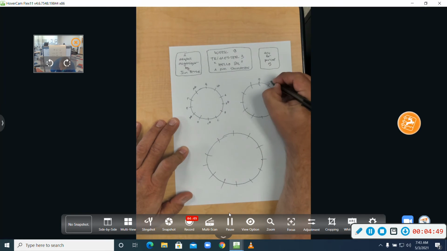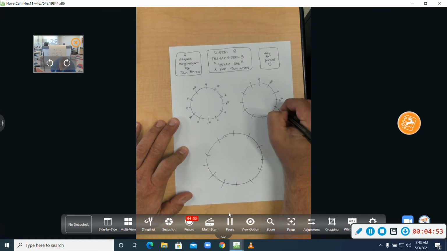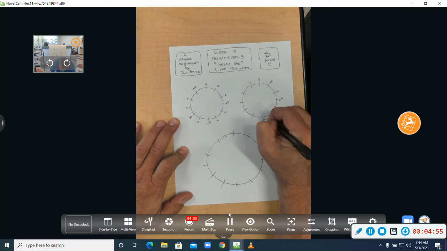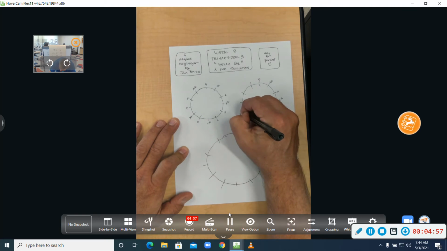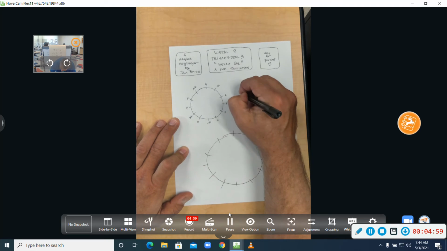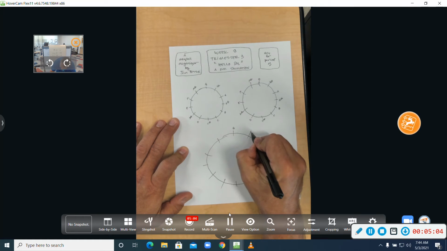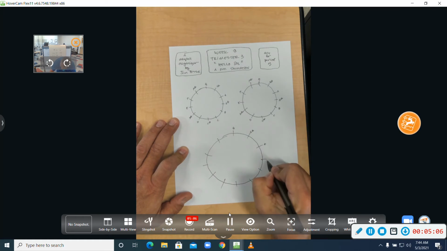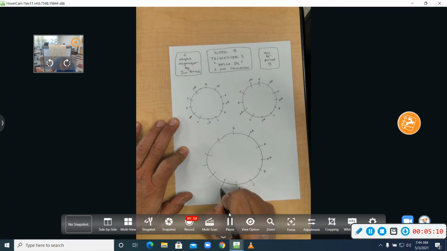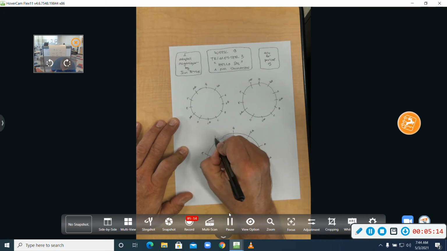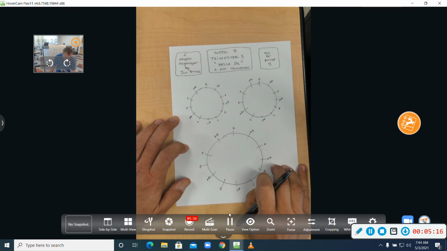Again, G, G sharp, A sharp, B, C, C sharp, D, D sharp, E, F, F sharp. And then G, G sharp, A sharp, B, C, C sharp, D, D sharp, E, F sharp.